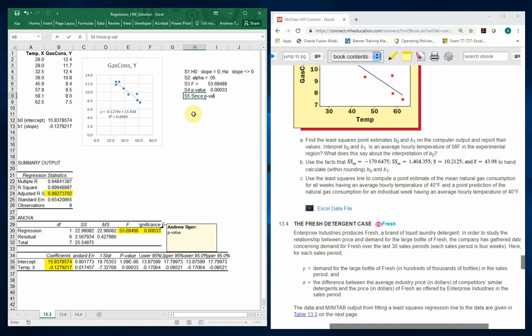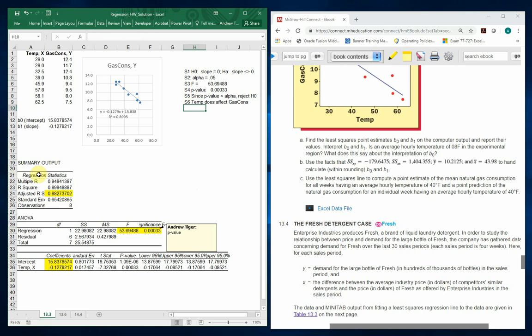Since the p-value is less than alpha, we reject H0, which means that this slope is statistically significant. It means that there is a relationship between temperature and gas consumption. It's not just noise. So you can say that temperature does affect gas consumption.